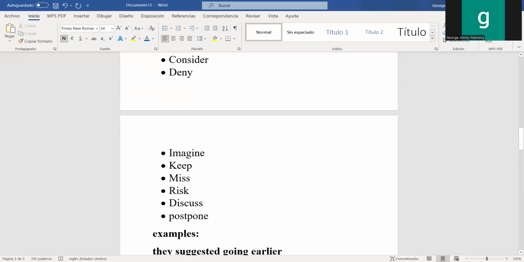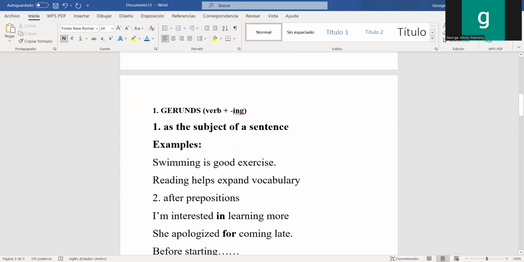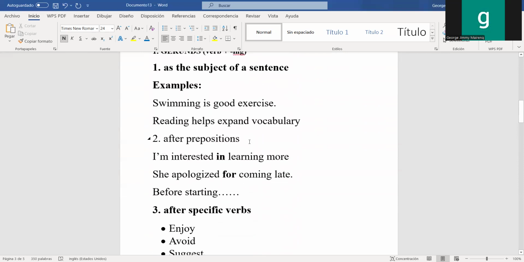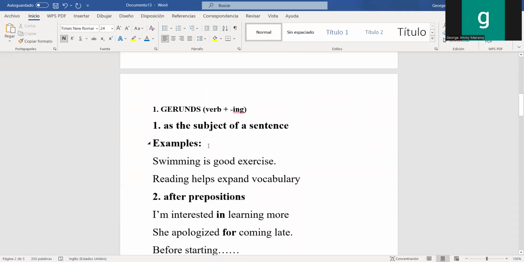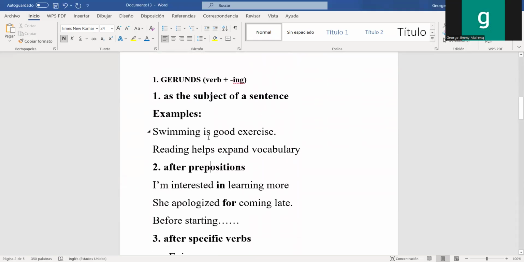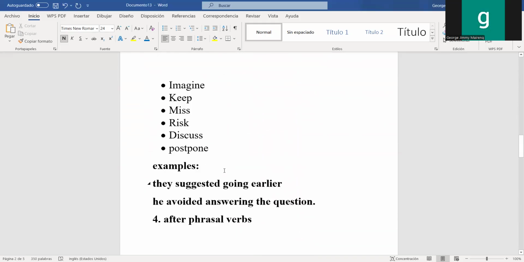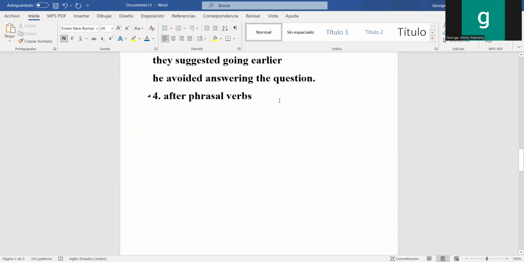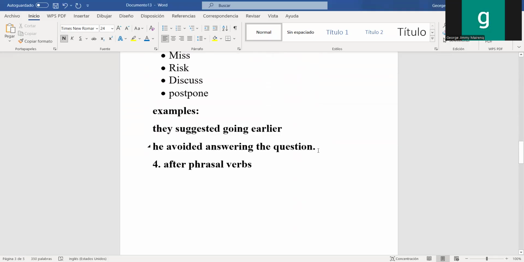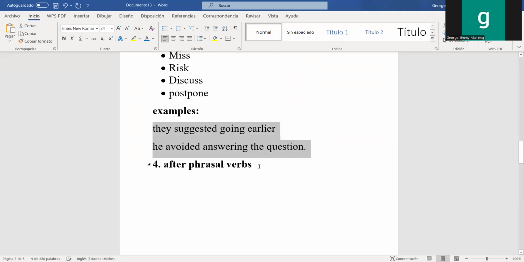And also we got a rule here, that we must use gerund after a preposition.